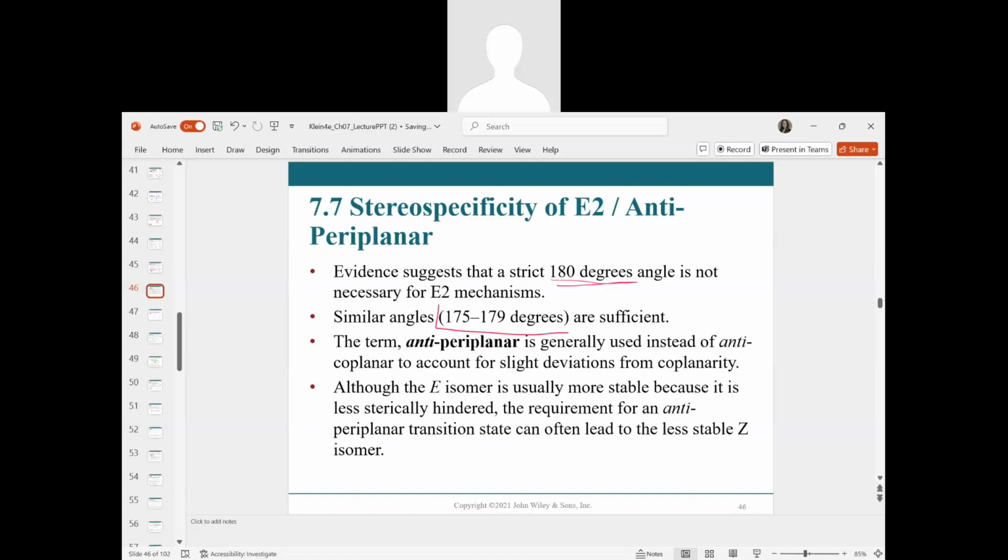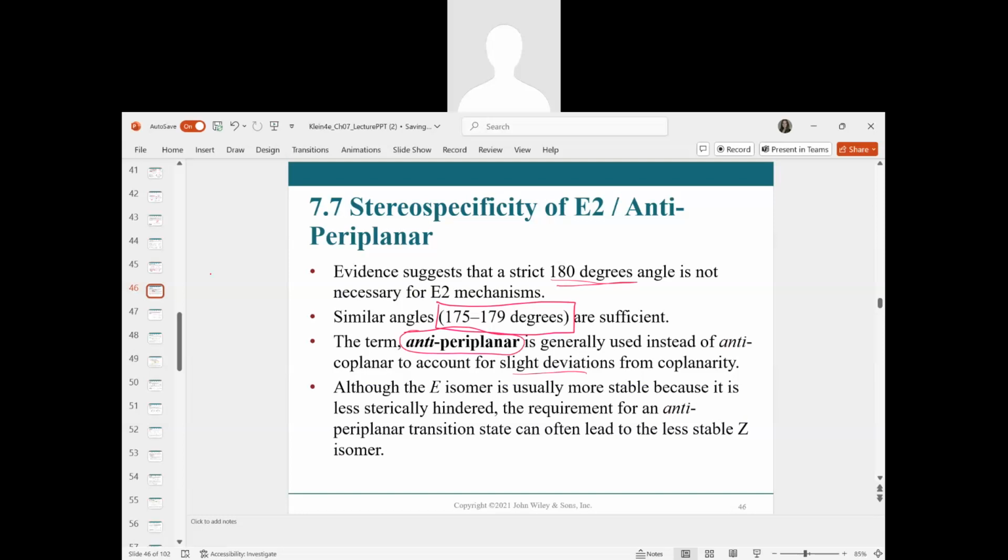We have seen through experimentation and documentation evidence that anywhere from 175 to 179 degrees will be sufficient for this elimination mechanism to occur, and we therefore call this term anti-periplanar instead of anti-coplanar, just to include any of those slight deviations.